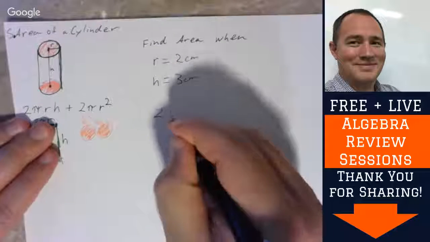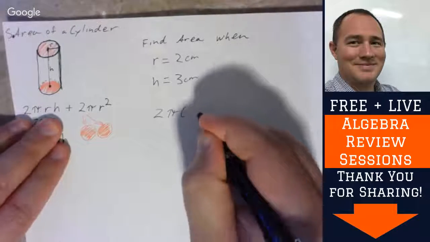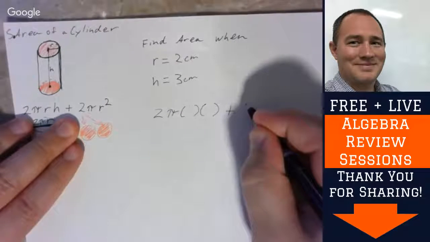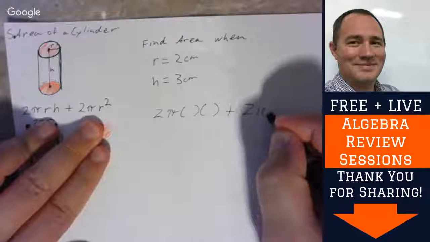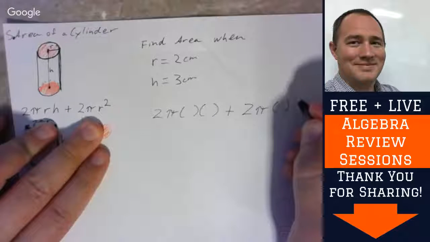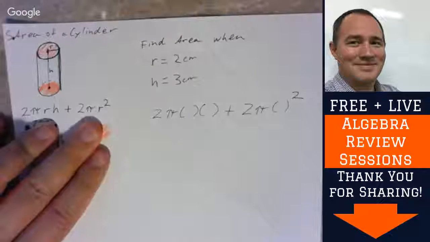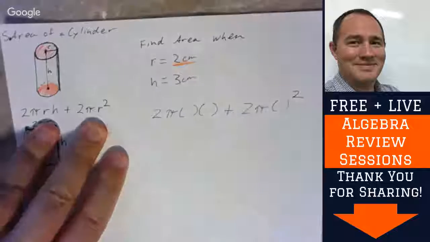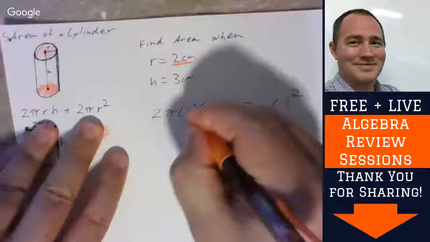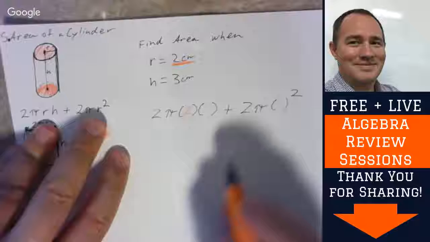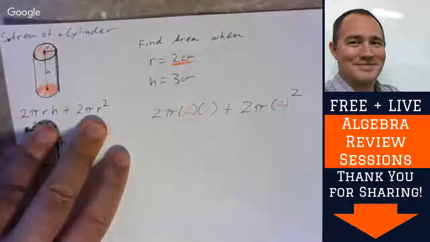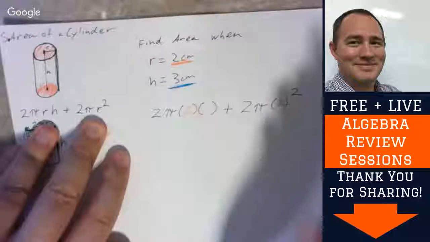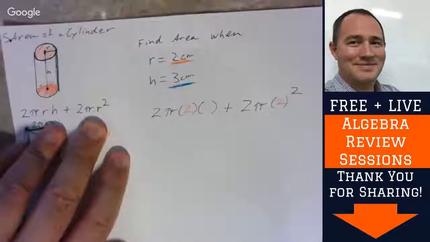We do 2 pi blank blank plus 2 pi blank squared. I'm going to plug in the 2, which is the radius, here and also over here. And maybe I'll do the height in blue, and we're plugging that in for this h here.